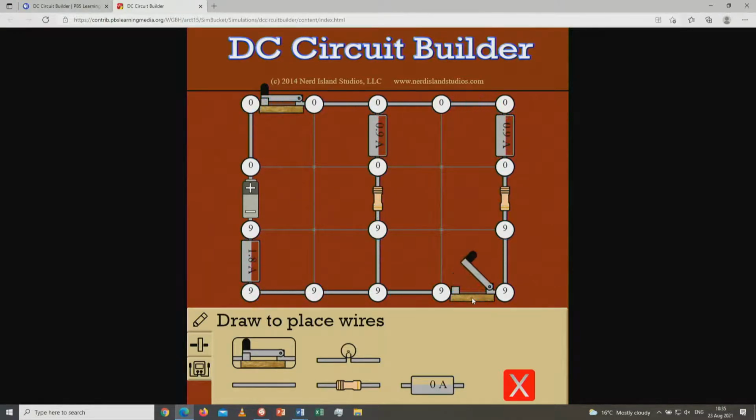But if you open that branch, you are killing off this branch. There is no current flowing through this resistor. The resistance that we have here now is higher than it was before. So the total circuit resistance is higher, and the total current by using Ohm's law will be lower.